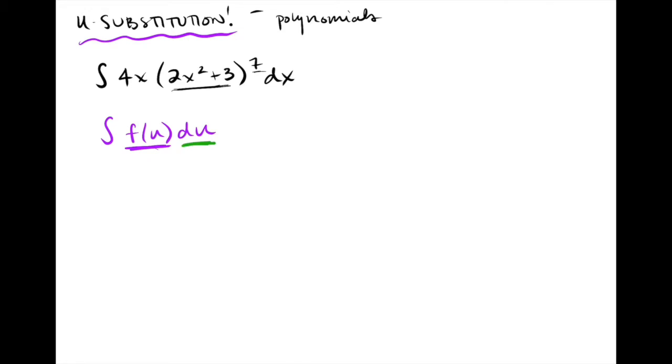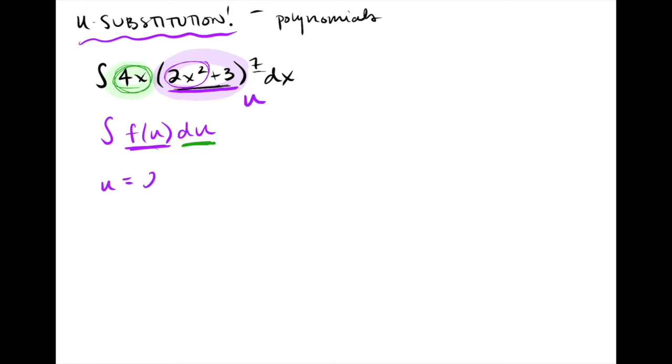And right away, I'm seeing this 2x squared in here, and I'm seeing this 4x over here, because the derivative of 2x squared is 4x. Now, lucky for me, I can actually expand this a little bit, because the derivative of 2x squared plus 3, the whole thing, is also 4x, right? Because that plus 3 will just become plus 0. So I can take the entire thing inside of my 7th power, and I can call this whole thing, this whole 2x squared plus 3, my u. So let's go ahead and do that.